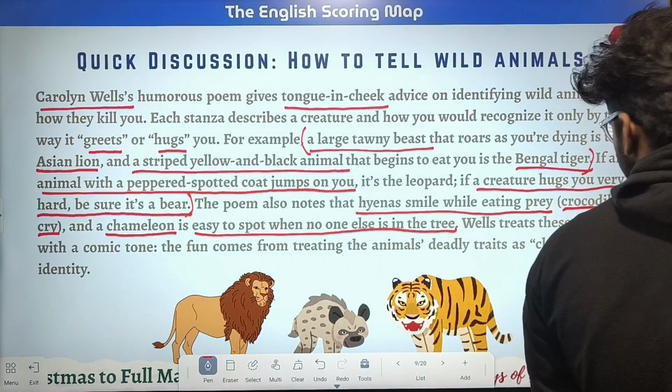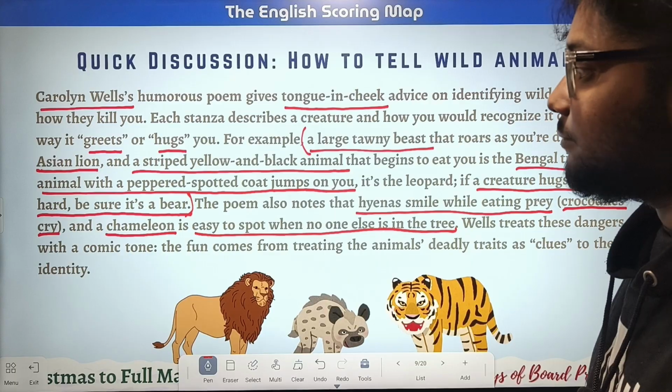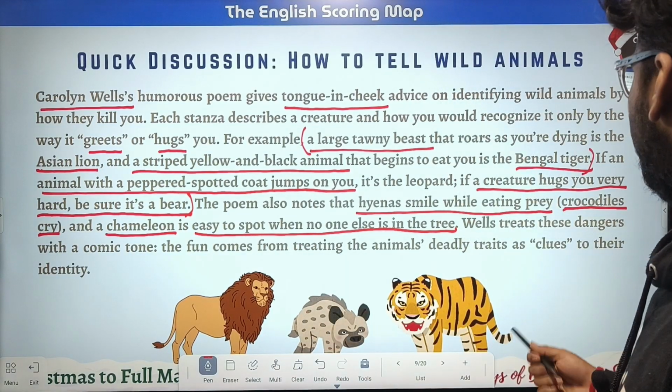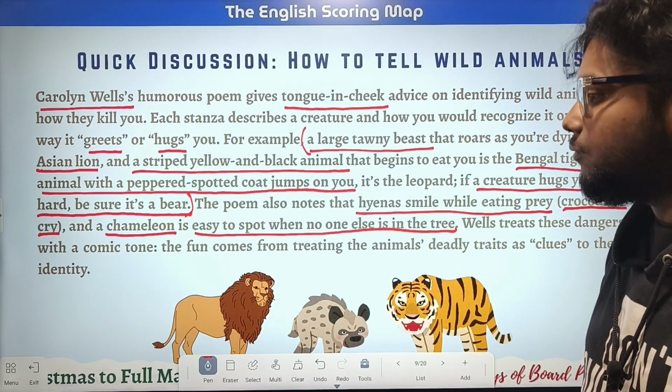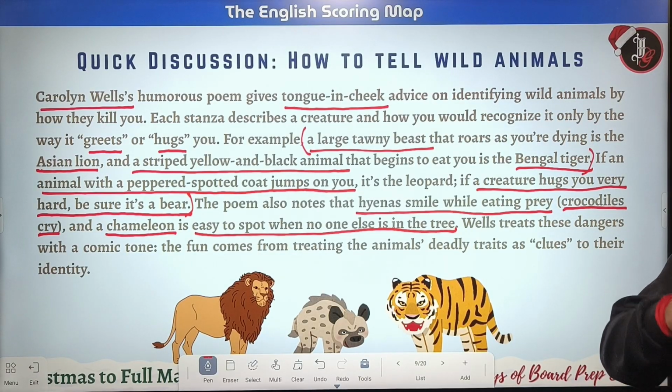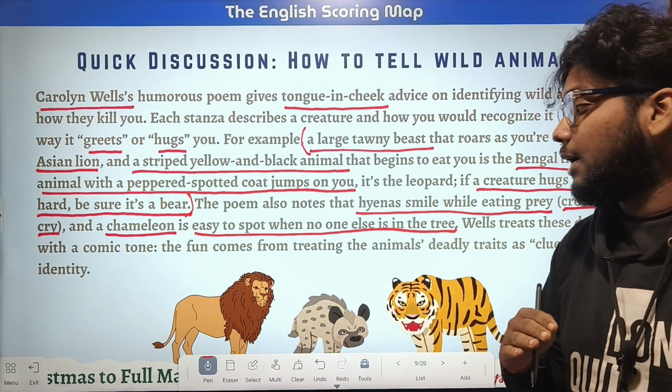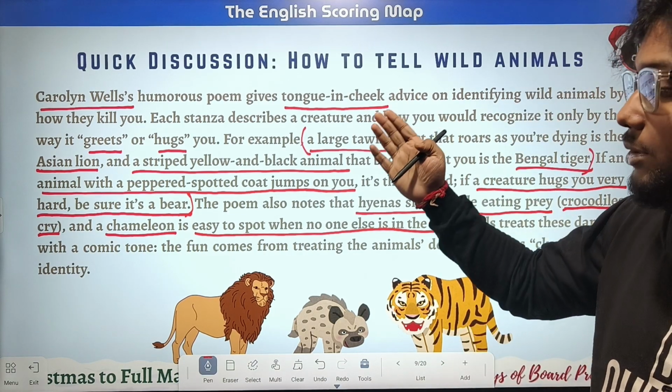So Wells treats these dangers with a comic tone. The tone of Wells was very comic, as I said earlier, it is a humorous poem.